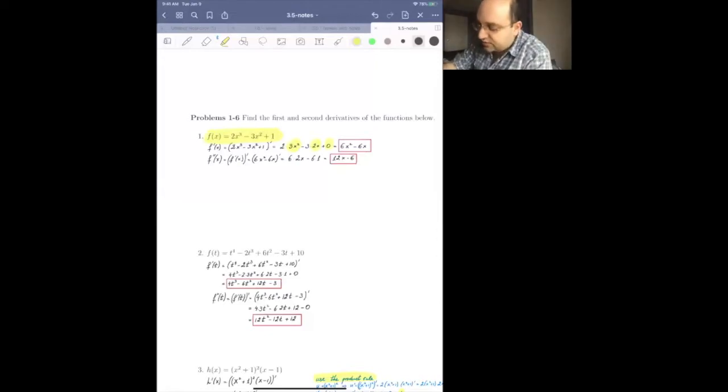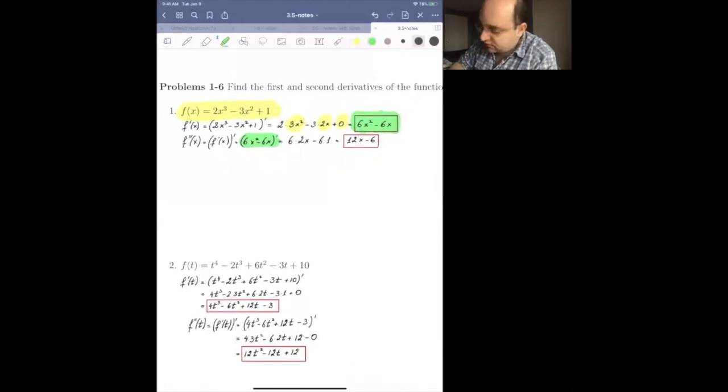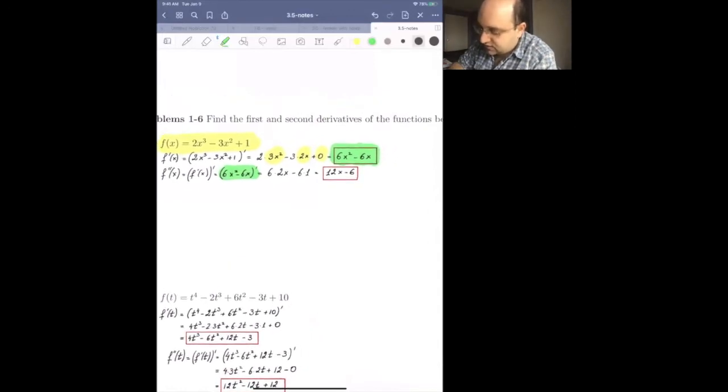The second derivative is nothing else but the derivative of the expression we just obtained. So the second derivative is the derivative of the first derivative, which means the derivative of this expression from the top. We have to take the derivative of 6 times x squared, so that's 6 times 2x, minus 6 times the derivative of x, which is 1.